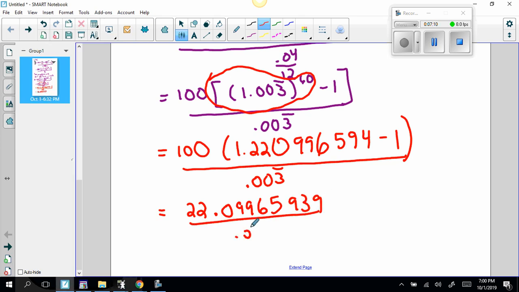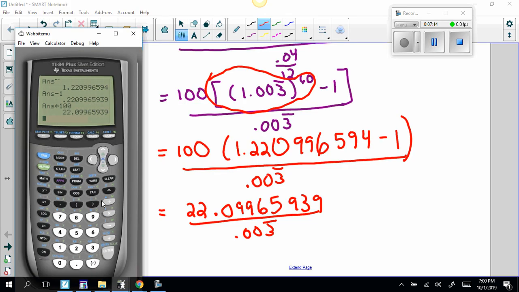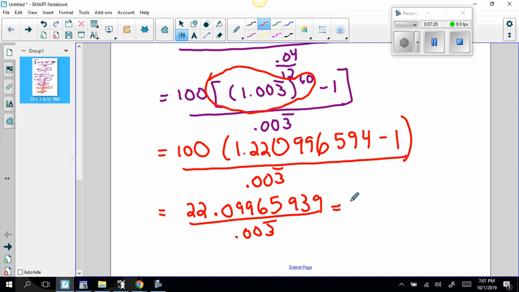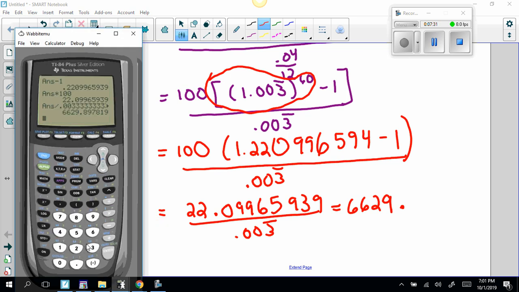Divided by 0.003 repeating. So on my calculator, divided by 0.003 repeating, and I get $6,629. Look at the third decimal, 89 cents. Nope, 7.90.